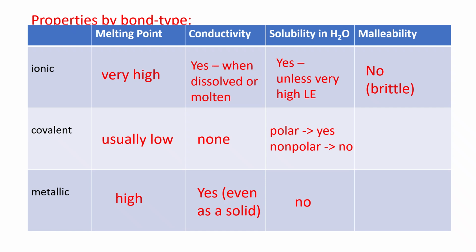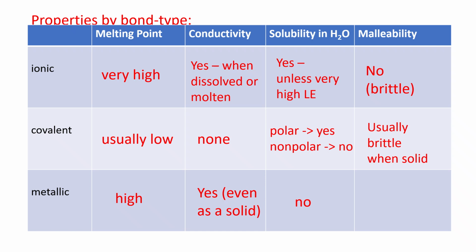Malleability, we have ionic compounds. We already talked about this. Ionic compounds are brittle because if you get those positive and negative ions lined up, they're going to repel. Covalent compounds, usually brittle if they're solid, of course. If you think about ice as an example, that's a covalent compound. And you hit it with a hammer, it doesn't take a new shape.